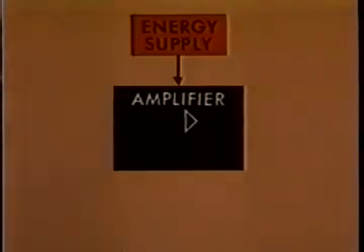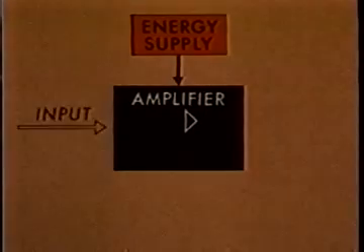An amplifier needs an energy supply. This amplifier takes its energy from the airstream. The amplifier input is any disturbance that happens to come along. This could be upstream turbulence, noise, or an intentional disturbance we put in.